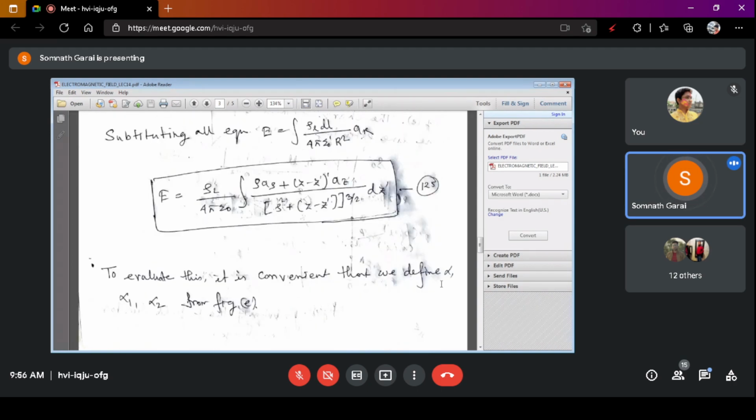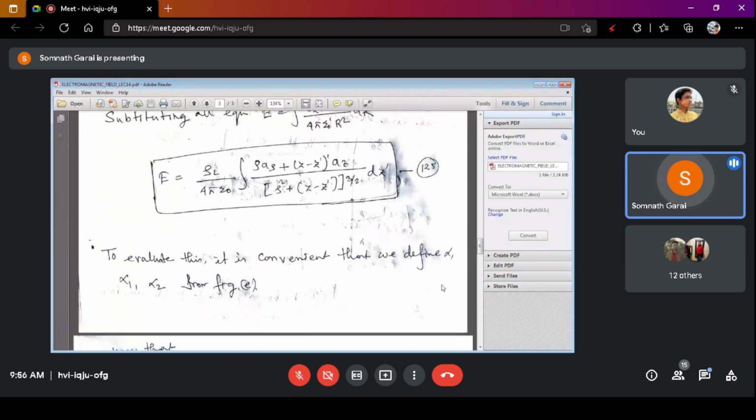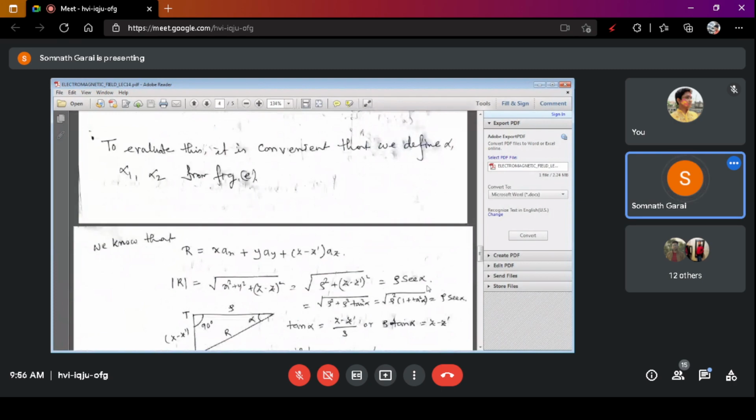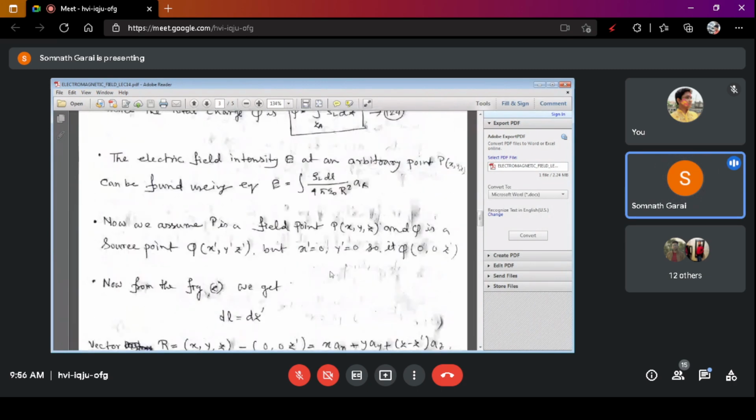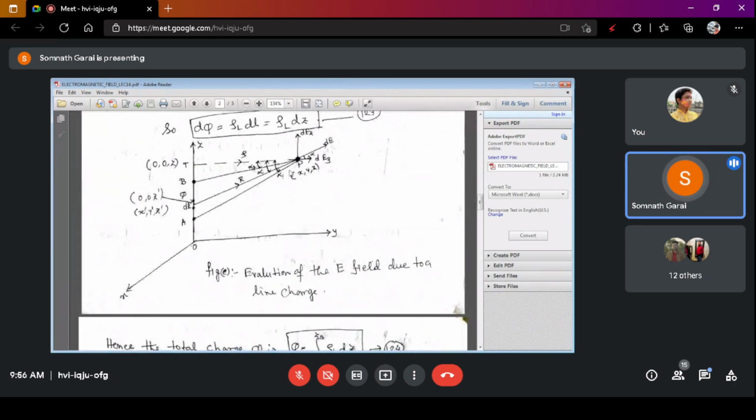But one thing to remember: we have to calculate this R in terms of rho and alpha, because alpha changes from this angle. This angle will be alpha 1, this angle will be alpha 2, and this angle will be alpha.